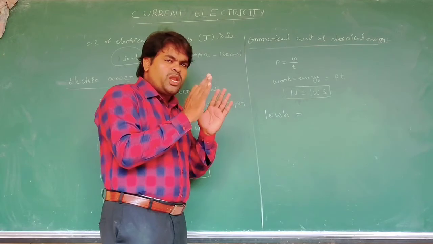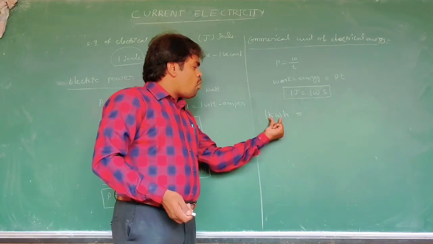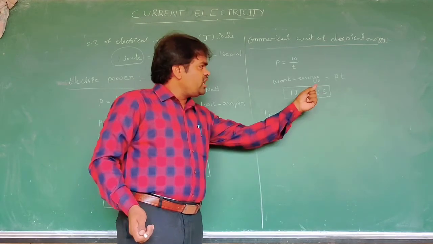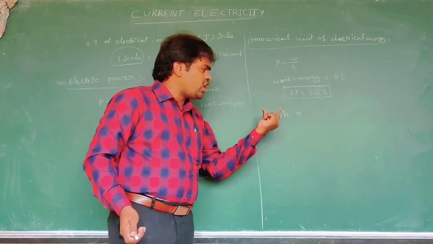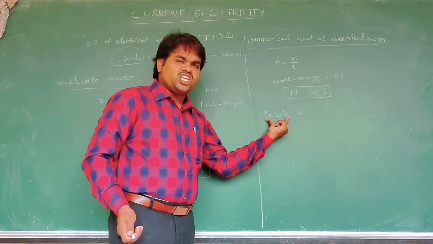The kilowatt hour belongs to the unit of energy, because watt is the power and hour is the time. That means power into time is represented as work. That is why the kilowatt hour is called the unit of energy.